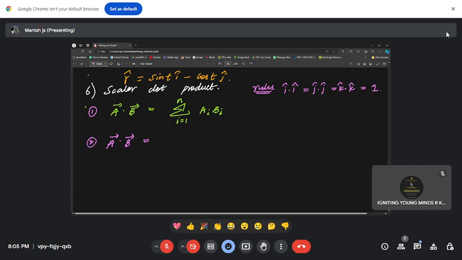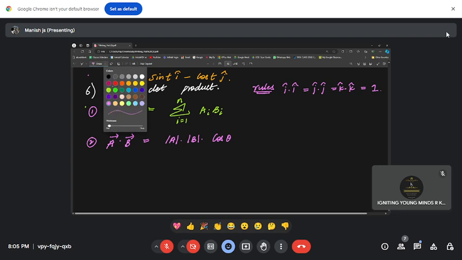The second formula is applicable when both of them are inclined at a particular angle. Then you can make use of this formula, which goes like this: vector A dot vector B is equal to modulus of vector A times modulus of vector B times cos theta. Now what is theta?